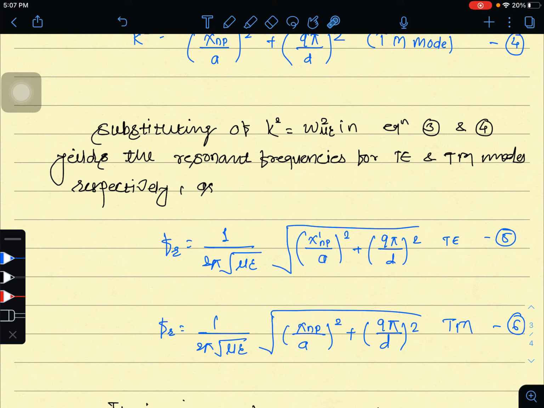This is the equation for the transverse magnetic mode.